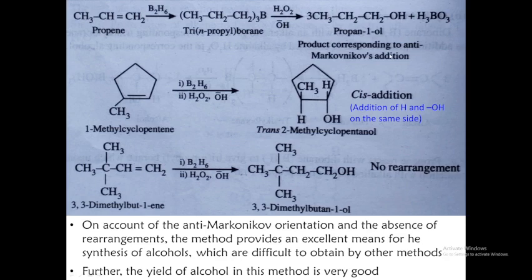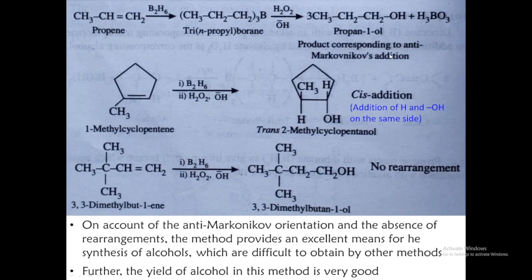And then when we take the cyclopentene derivative, 1-methyl cyclopentene, in diborane and alkaline hydrogen peroxide, we get trans 2-methyl cyclopentanol. When you look at this kind of compound, there is a stereochemistry involved in the product.